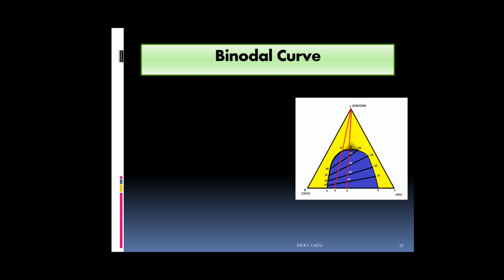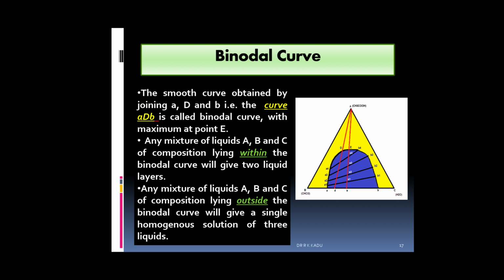After discussion about the plait point, what is meant by the binodal curve? In this phase diagram, one binodal curve is present.